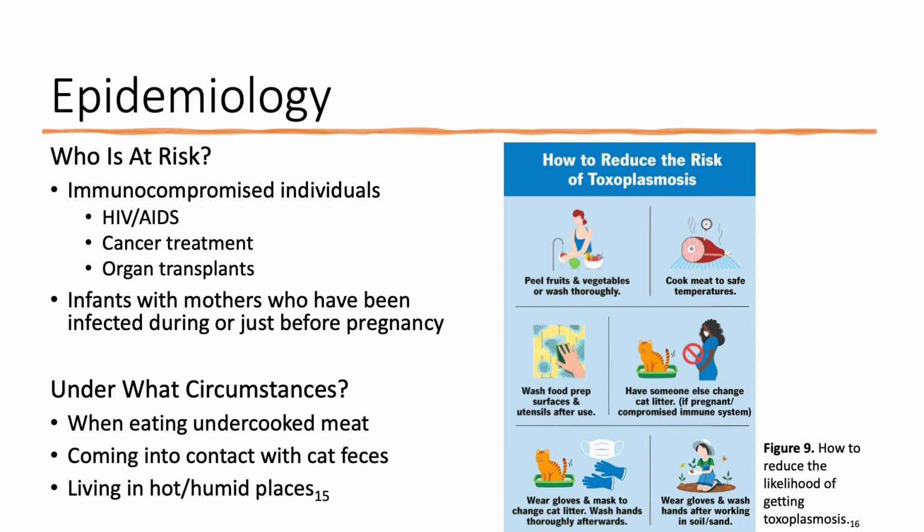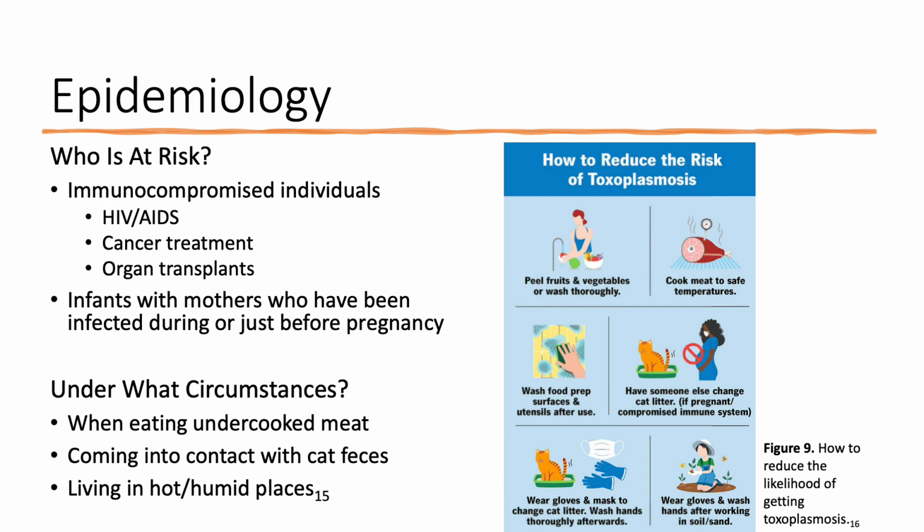So under what circumstances could you get this infection? When you're eating undercooked meat, there's always that risk, or coming into contact with cat feces or anywhere cat feces could be present. So like in the soil, just outside in general, stuff like that. And also if you live in a particularly hot or humid place, then you're also at a higher risk.